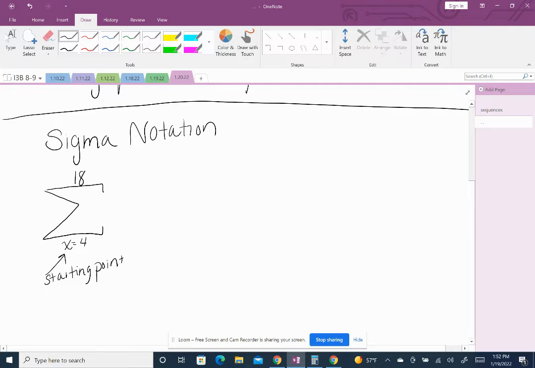And let's say there's a formula for however many seats are in each row. It's different than what we've had before. And the formula is going to be 6x minus 1.